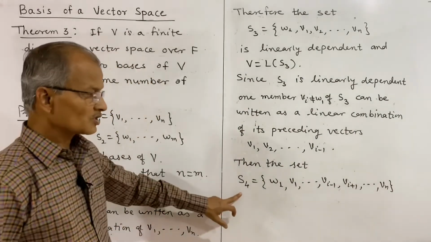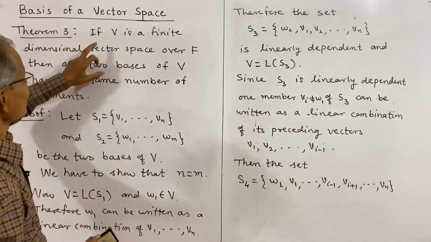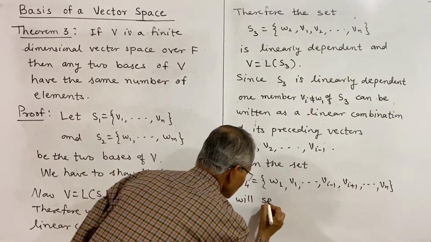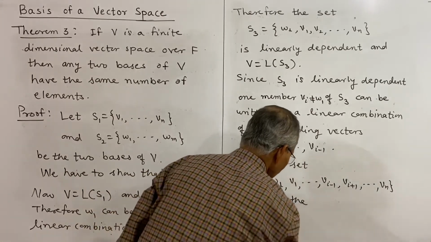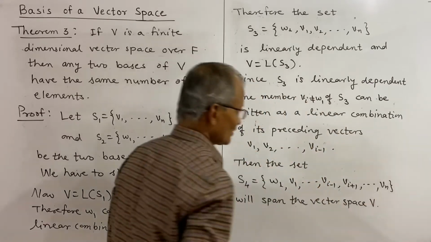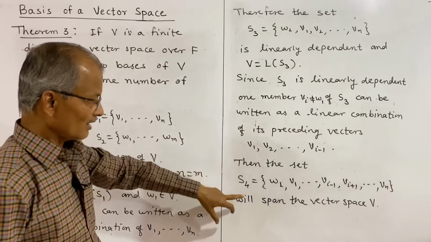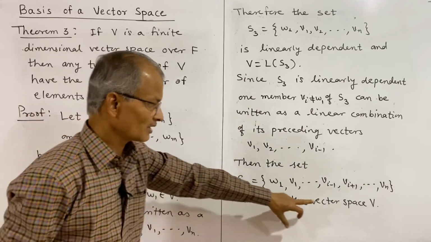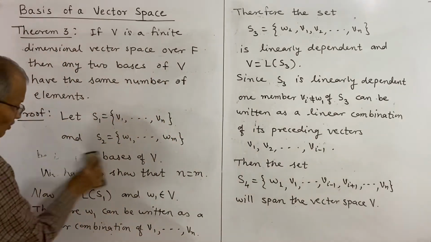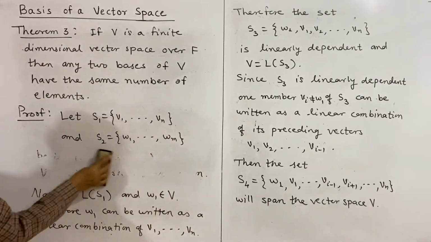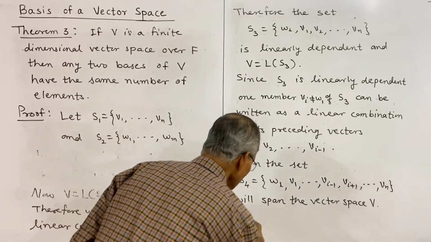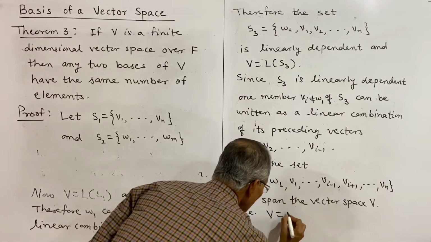So this again spans the vector space V. Thus the linear span of S4 is again V. The vector space V is spanned by S4, that is, V is equal to L of S4.